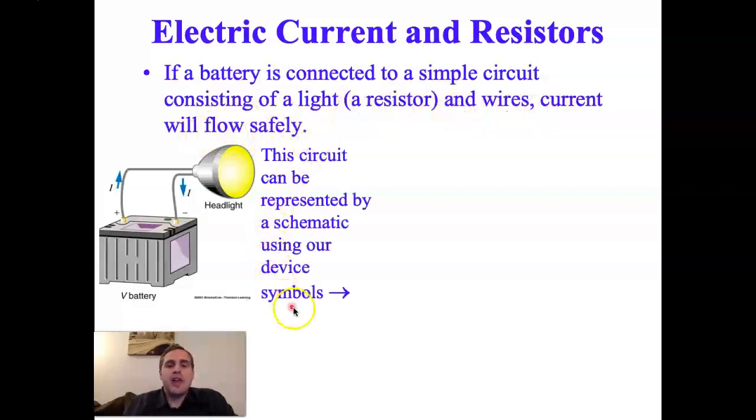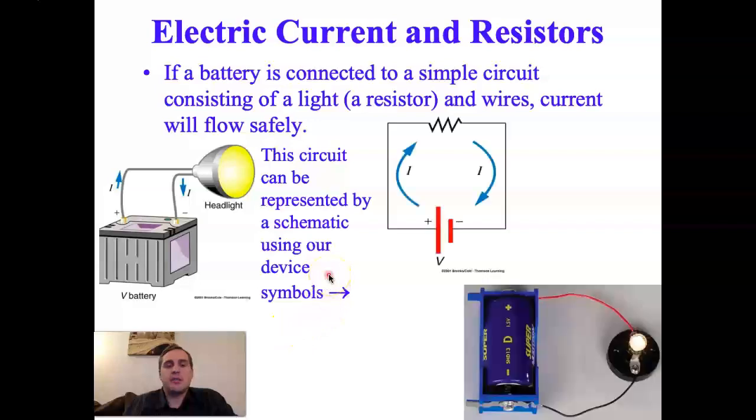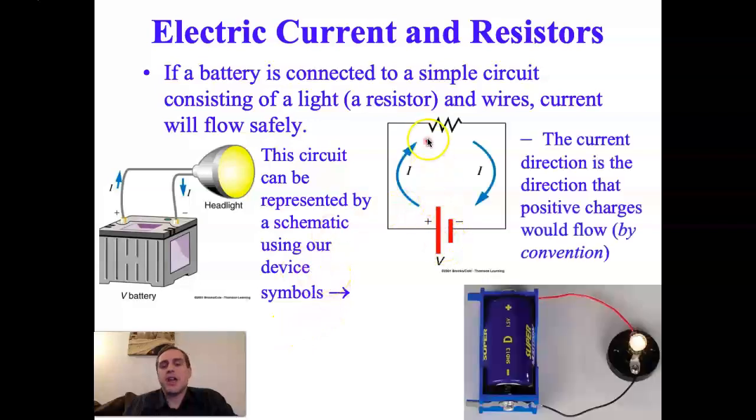Now this circuit can be represented by a schematic using our device symbols. So these are symbols that I introduced back in chapter 8. Here is a battery with a positive and a negative terminal, long line and short line. Then the resistor, which in this case is a light, is like this heartbeat symbol. And the electric current, in this case, looks like it's going clockwise.